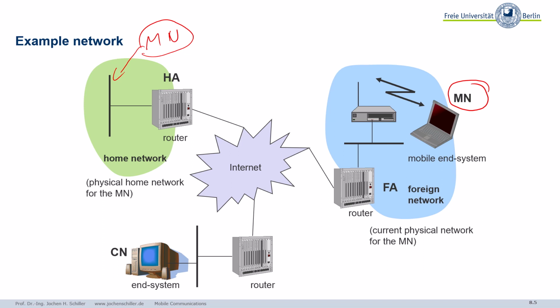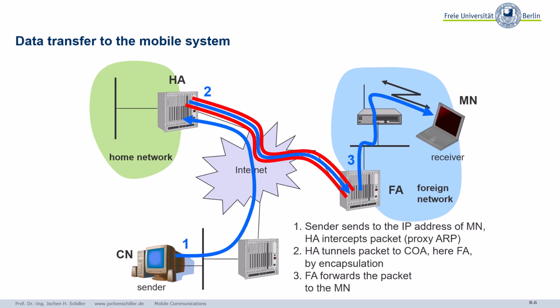What happens now? Well, the correspondent node doesn't know anything about the fact that you're somewhere else. The correspondent node will thus simply send the IP packets as usual.